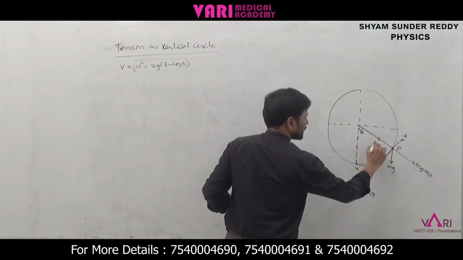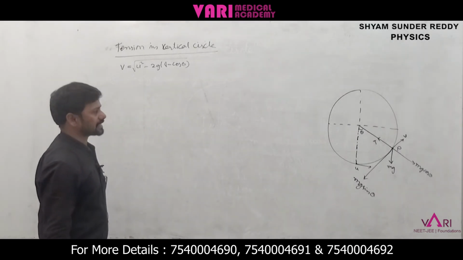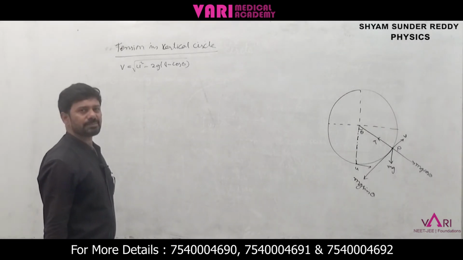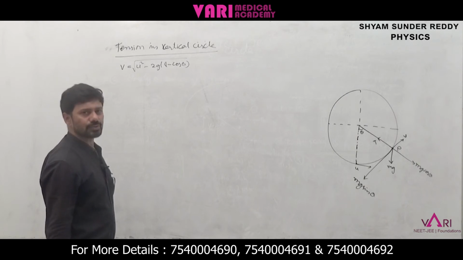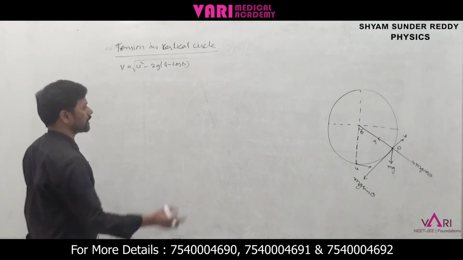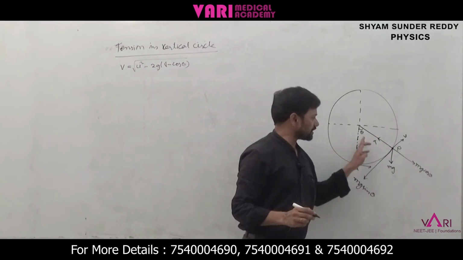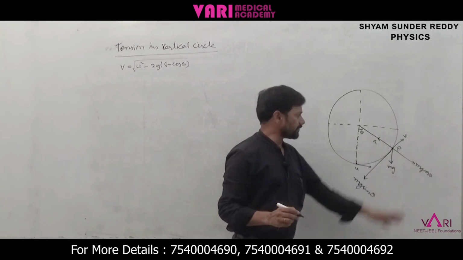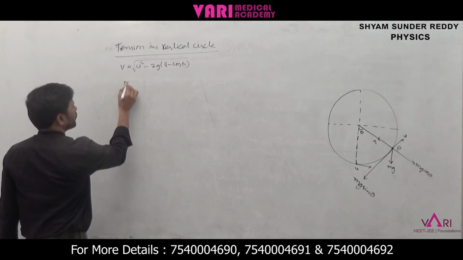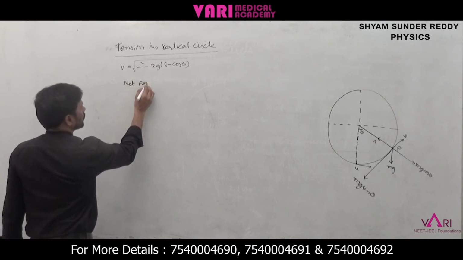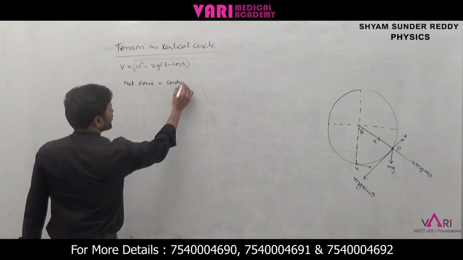This is T. T minus mg cos θ is equal to the centripetal force. The net force is equal to centripetal force. So T minus mg cos θ is equal to mV square by r. Here the net force is equal to centripetal force.